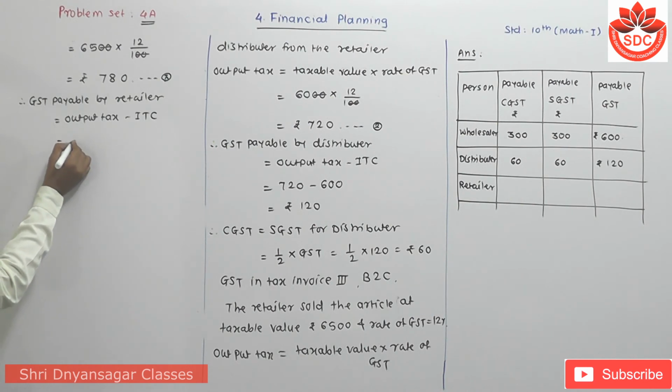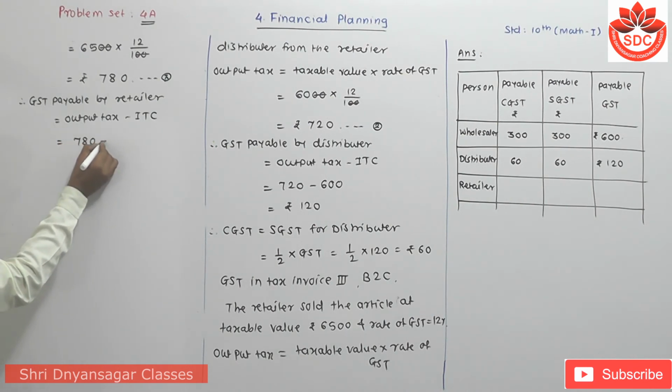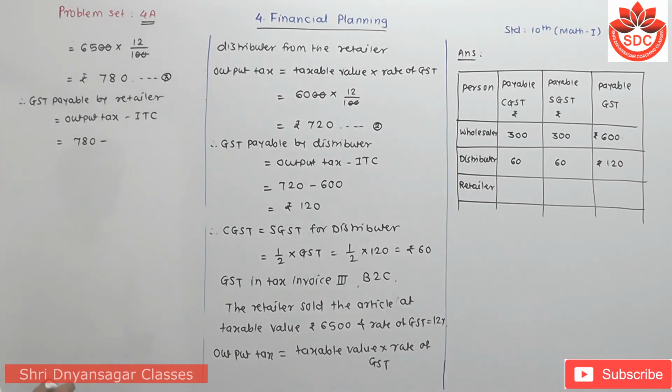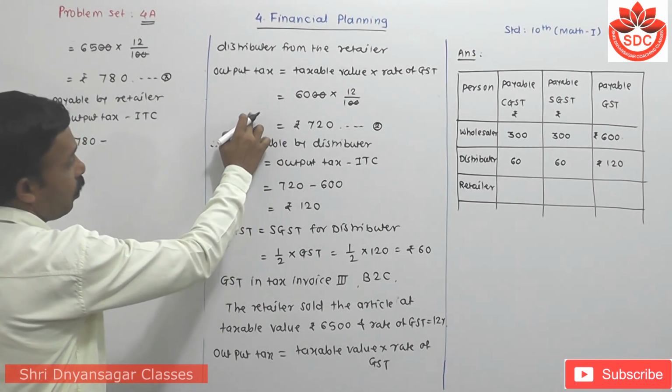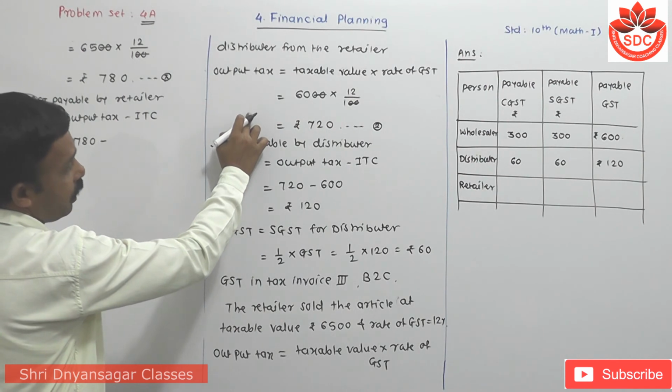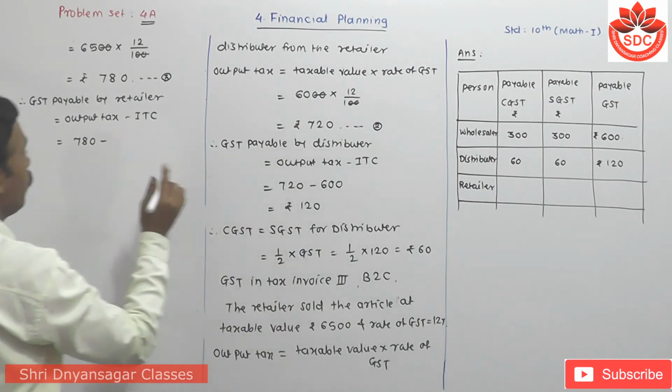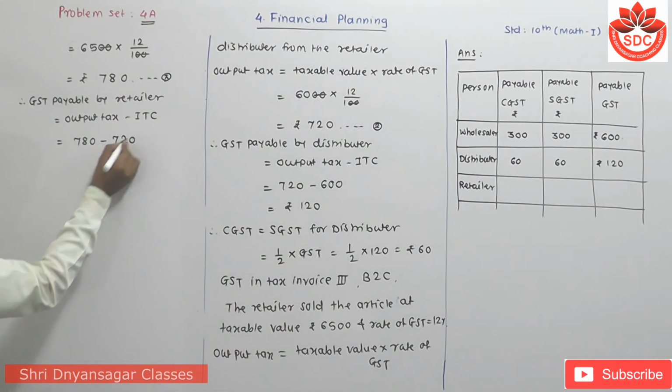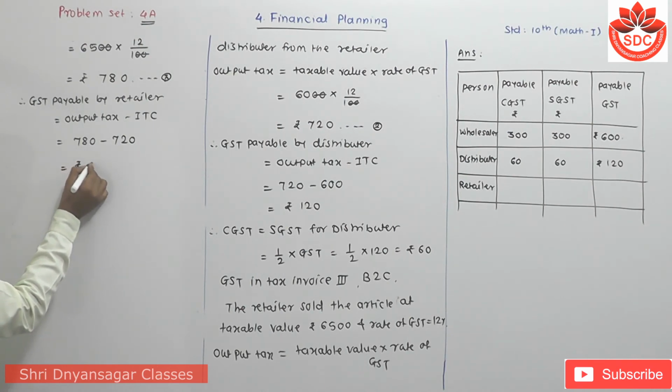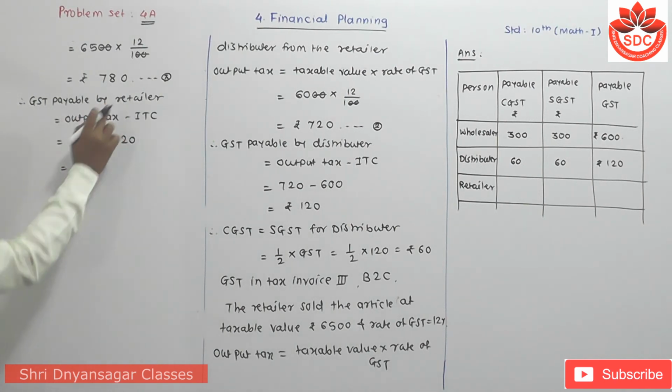Output tax is 780 rupees minus this ITC. Look here: this is output tax for the distributor, and this is ITC for the retailer, which is 720. We get the amount as 60 rupees. This is the GST payable by the retailer.